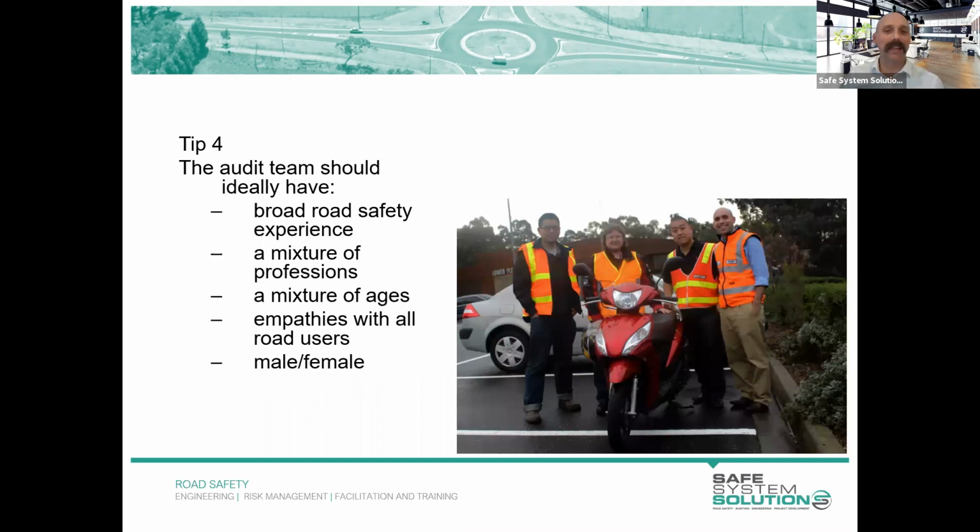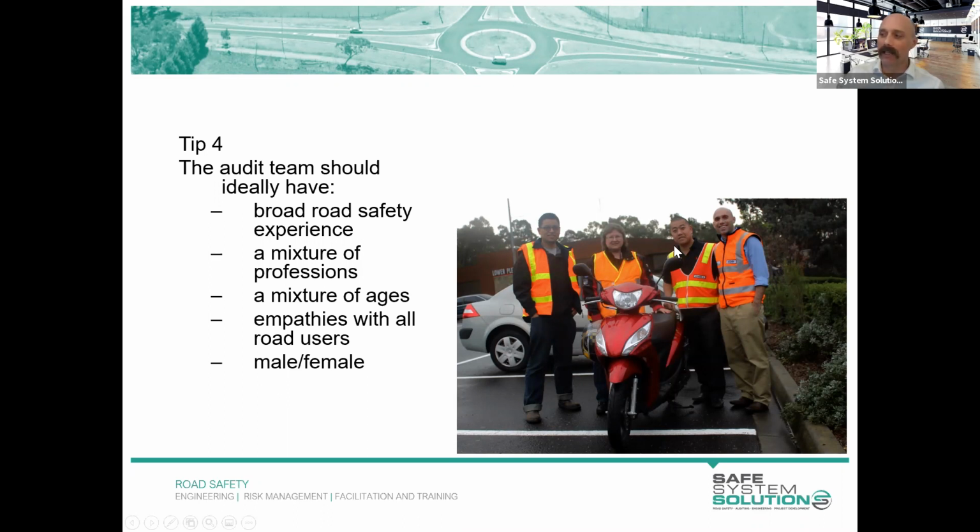Ideally, that audit team has this broad mix of road safety experience, a mixture of professions, ages, males, females. This nice rounded team would be wonderful. I popped this picture up. This was an audit team we put together on a thematic audit, which was a motorcycle road safety audit, and I'll explain the details of that in a later module.